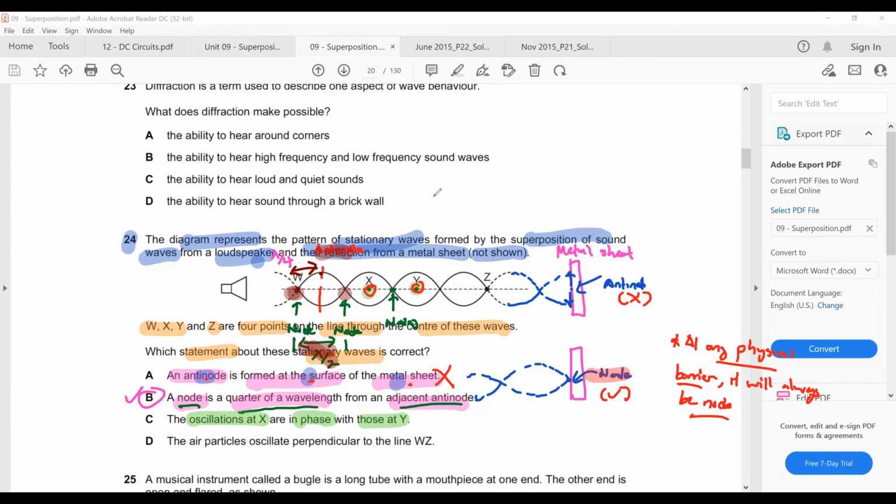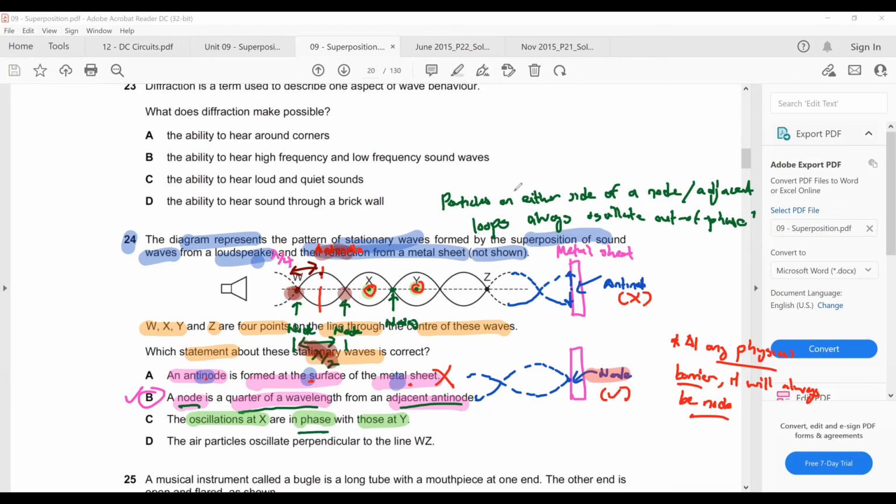Remember I told you before, particles in adjacent loops, particles on either side of a node, always oscillate out of phase. Here they're saying in phase, so this one again is out.